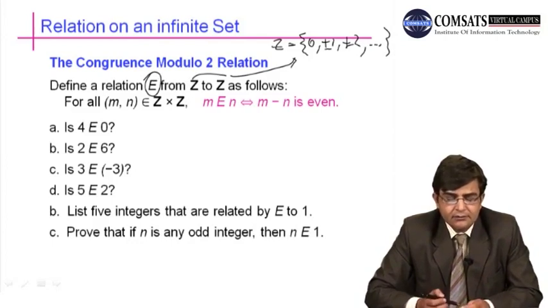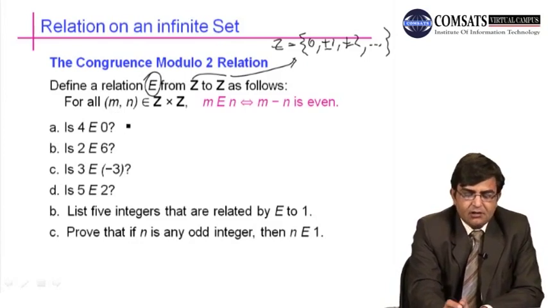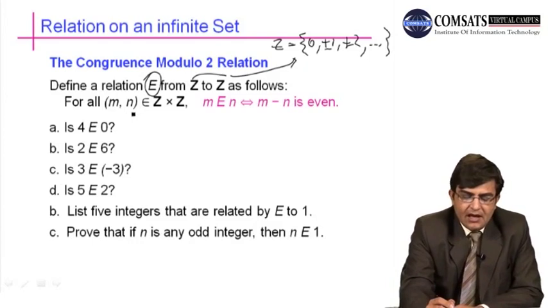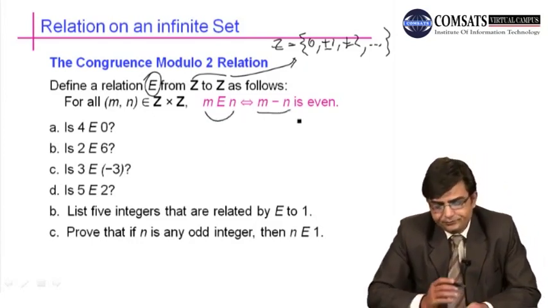Now what is the relation? For all elements m belonging to Z and n belonging to Z, m and n may be different elements. m is related to n if and only if m minus n is even.